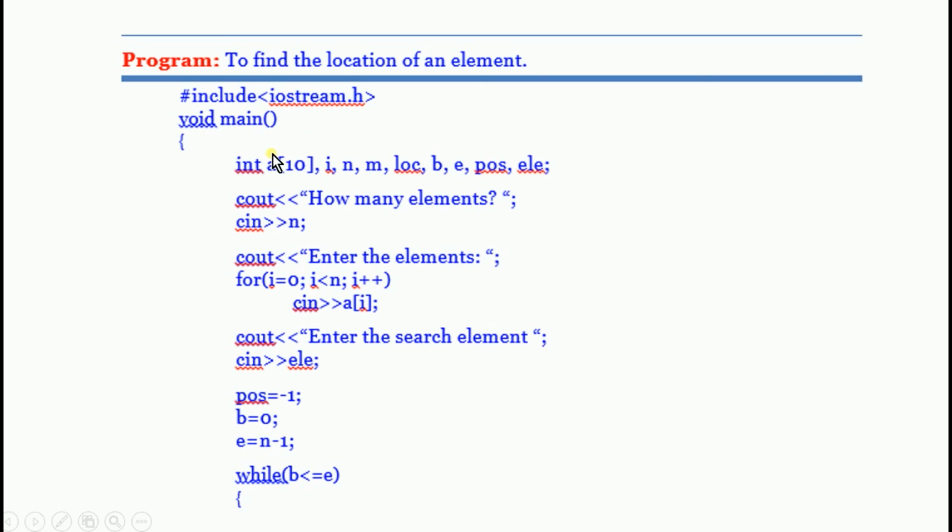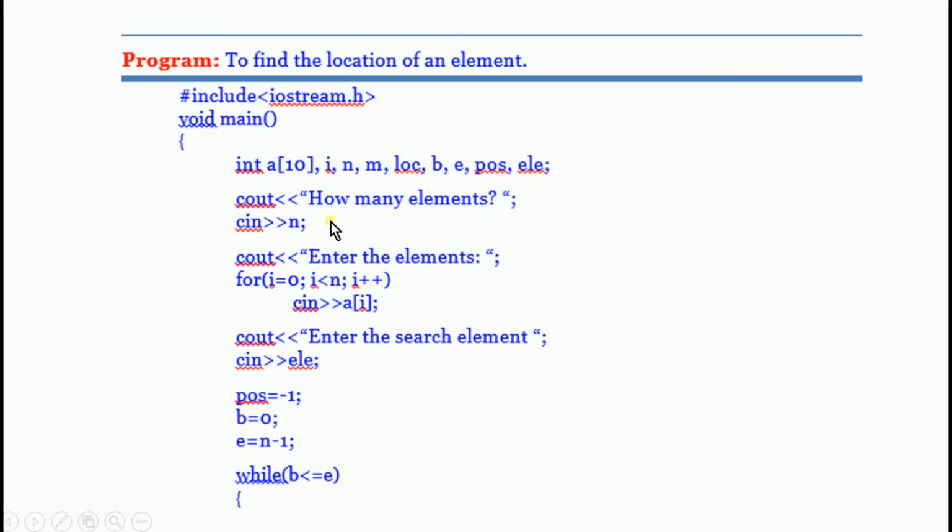Then void main, int a of 10, that is an array of 10 elements, i to take the index, n that is the number of elements, m to find the middle location, LOC to find the searching location, B beginning, E end, POS the element position, ELE.